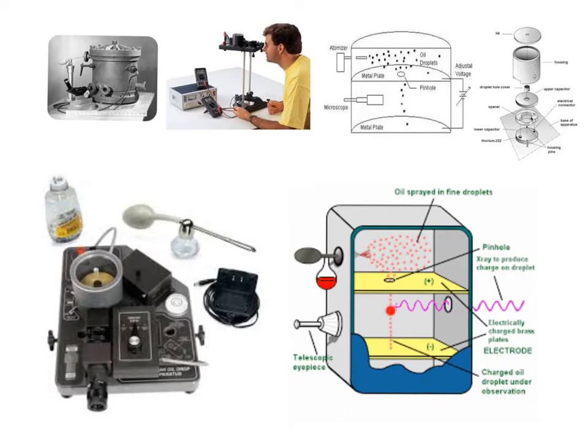A simpler way of doing this that's very difficult technically, but mathematically it's simpler, is once you've seen the drop fall and you've gotten its terminal free fall velocity with no voltage, then you turn the plates on, and if it starts to rise, you adjust the voltage in the plates and you try and hold the drop suspended where the force of gravity down is going to be equal to the force on the charged particle of the electric field up.